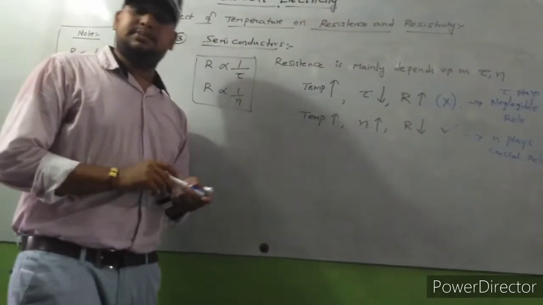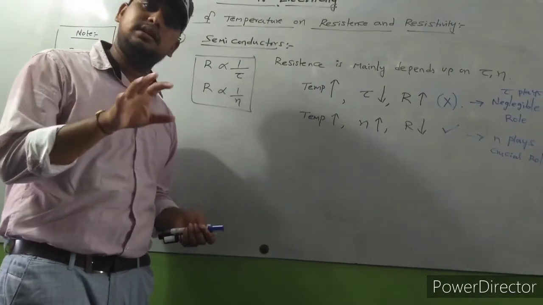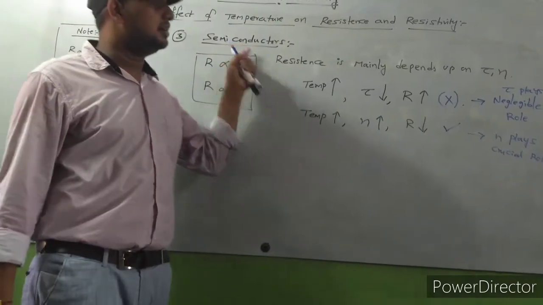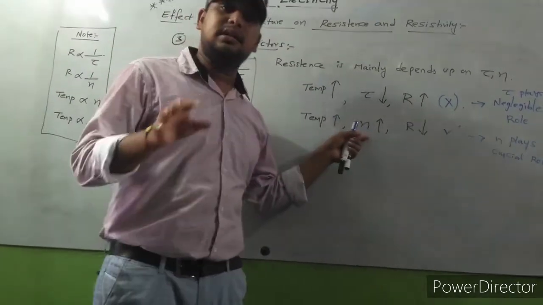In conductors, the number of freely movable electrons is very high. For semiconductors, the number of freely movable electrons is very less.